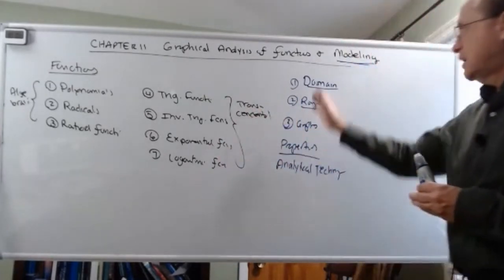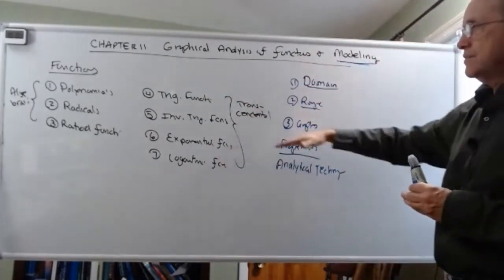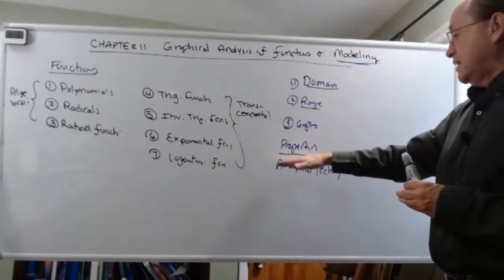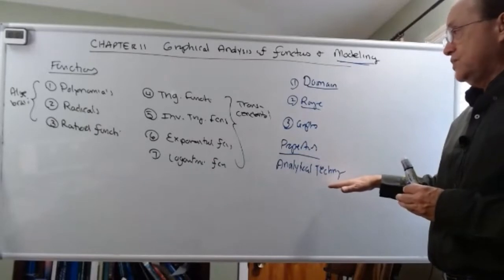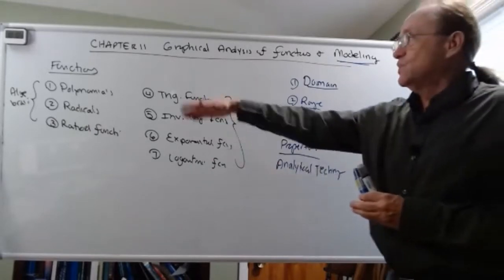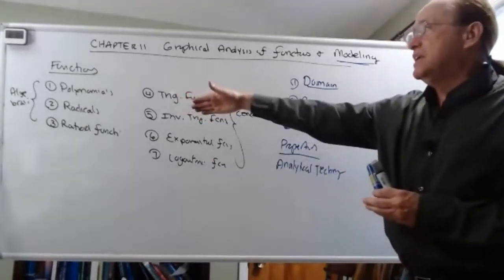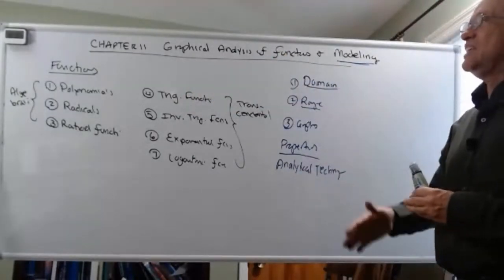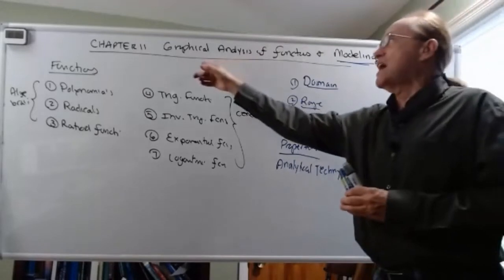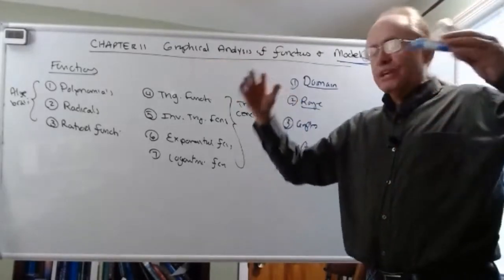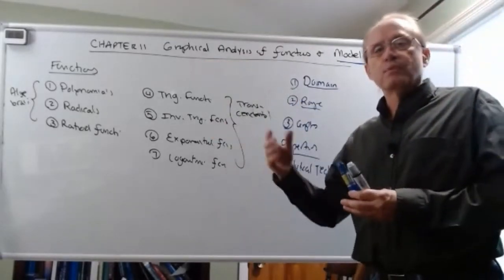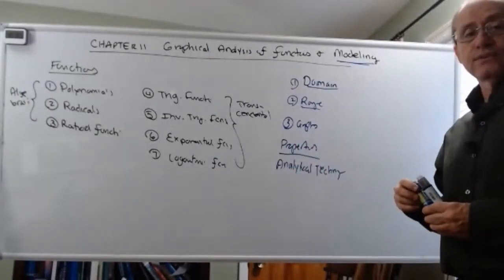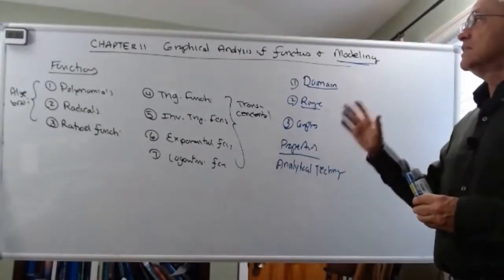If you understand all of these functions and their domain, ranges and their graphs and the analytical tools that we use to find certain properties and features of those functions, that is where you need to be at the end of this course. So this chapter here brings everything together. And this is probably one of the most important chapters to get you ready for the calculus. If you understand this, you'll have a leg up on that.